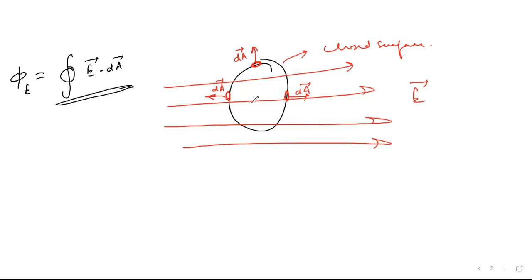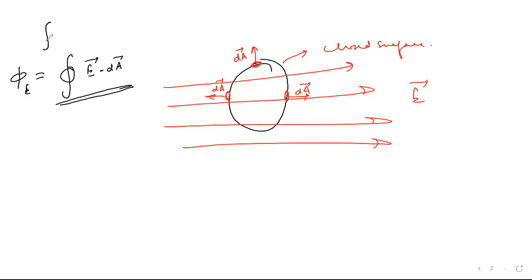So what we do, we take a closed surface, separate the surface into infinitesimal area patches, represent each patch by area vector dA. Length of the area vector is proportional to the magnitude of the area, and its direction is taken as outward normal by convention, normal to the surface. So we find flux for each patch as E dot dA. Then we add these dot products over the whole closed surface.